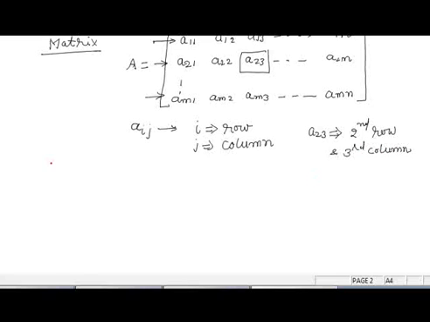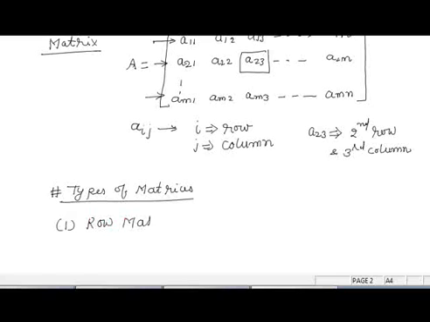We have various types of matrices. First is the row matrix. A row matrix is nothing but a matrix which has one row only.